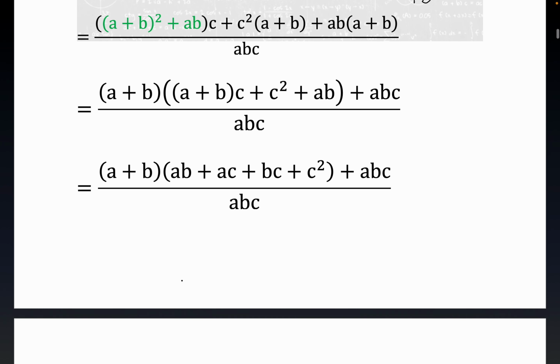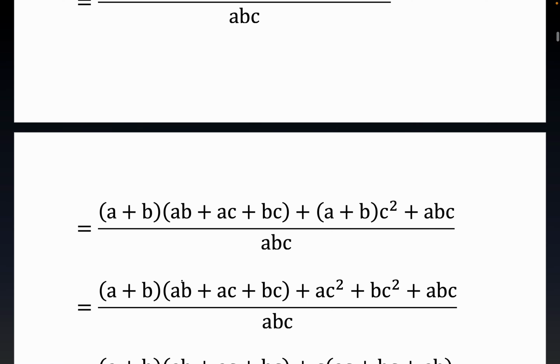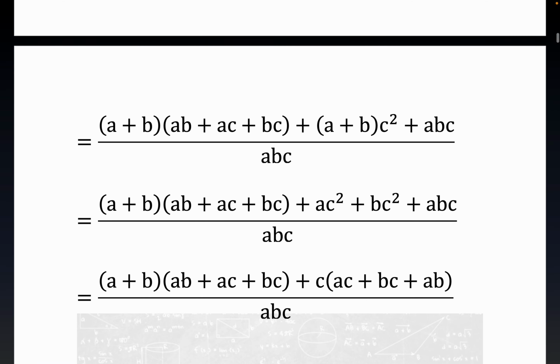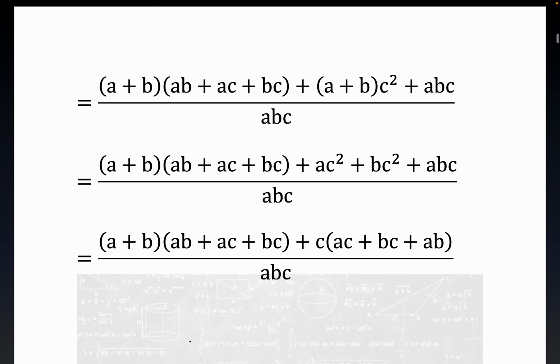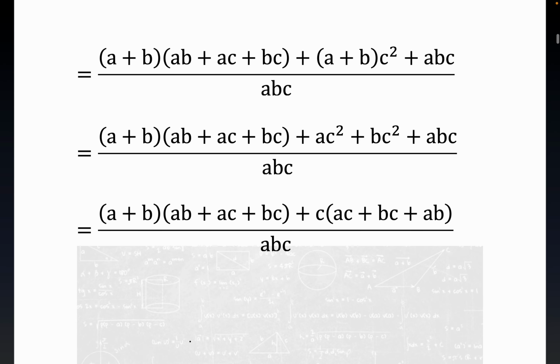I'll proceed without too much commentary here. The algebra was kind of a bash, but we got to a point where we can recognize what this is going to be equal to. You see, we have a common trinomial factor that's equal to one of the ESPs.